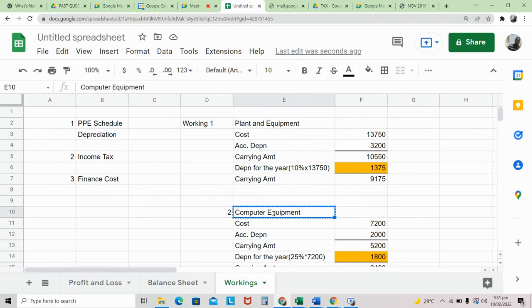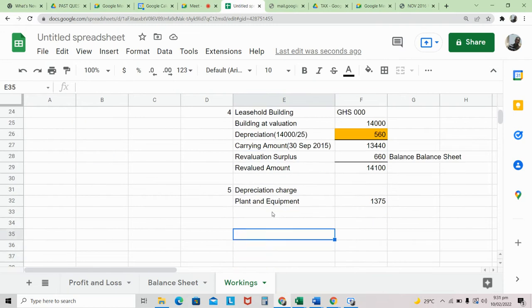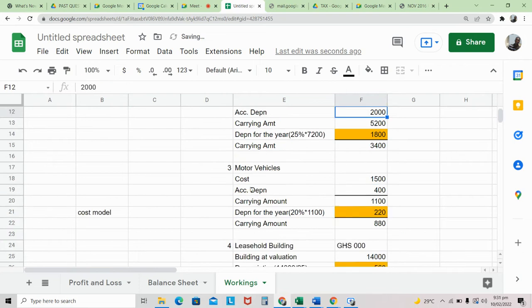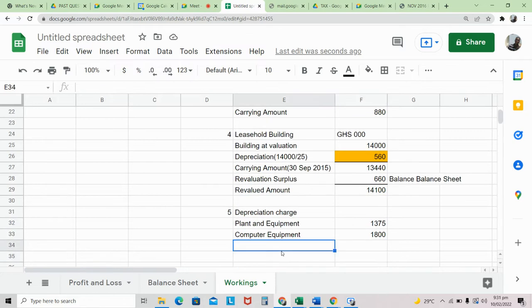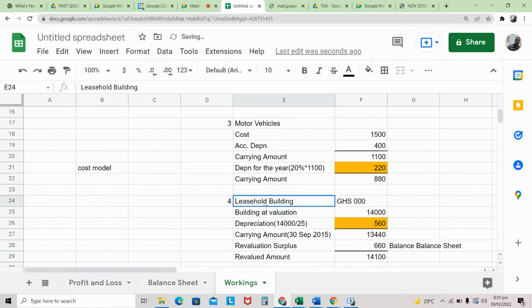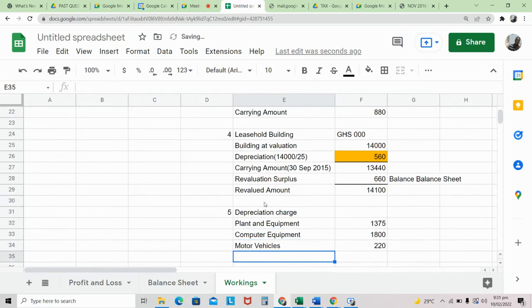Computer equipment is 1,800. And motor vehicles is 220. Then what else? Leasehold building is 560.